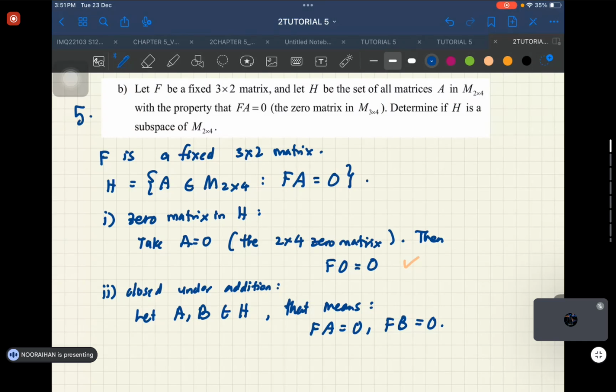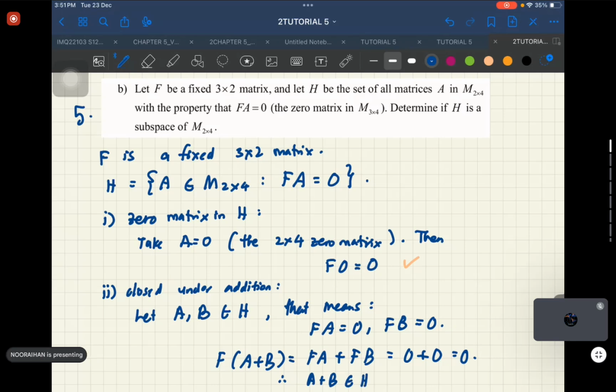Then we will use the distributive property of matrix multiplication. F(A plus B) is equal to FA plus FB. This is equal to 0 plus 0, which is equal to 0. Okay. So A plus B is also an element of H. So the second condition passes.